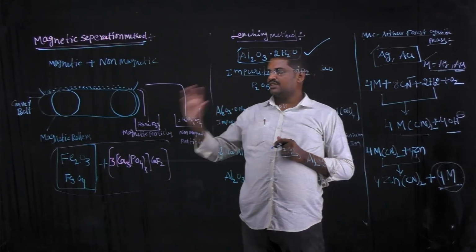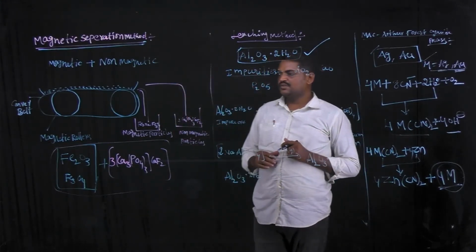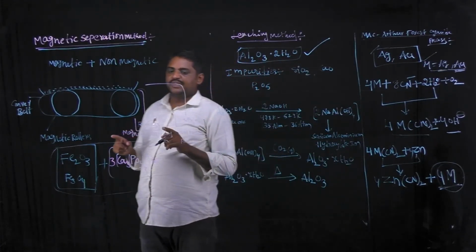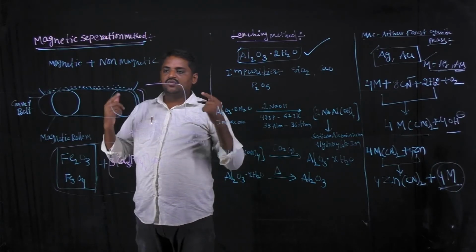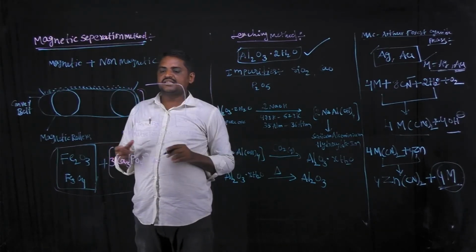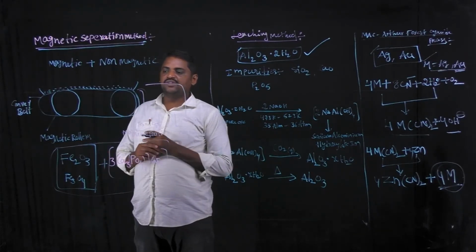Okay, first the working principle. Two magnetic rollers are connected with one conveyor belt. The ore particles, in powdered form, are placed on the surface of the conveyor belt.